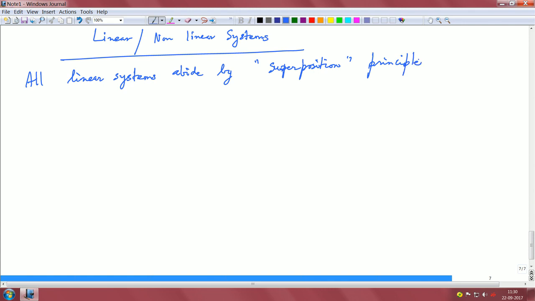And this superposition principle has two components, one is additivity and the other is scaling or homogeneity. So, we will see what these properties are.